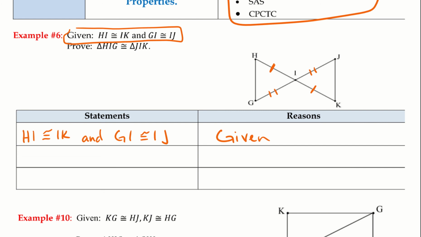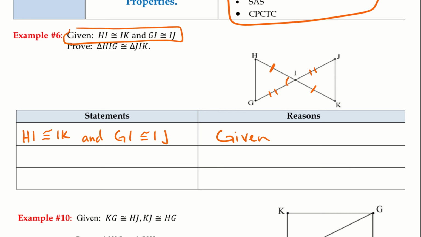All right, now I have to come up with another statement. We don't have enough information to use side, side, side, or side, angle, side. But if we take a look right across here, these are vertical angles, and vertical angles are congruent.